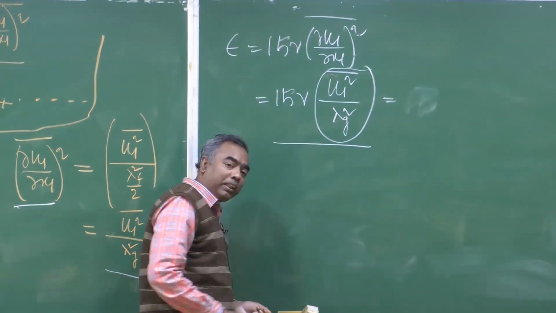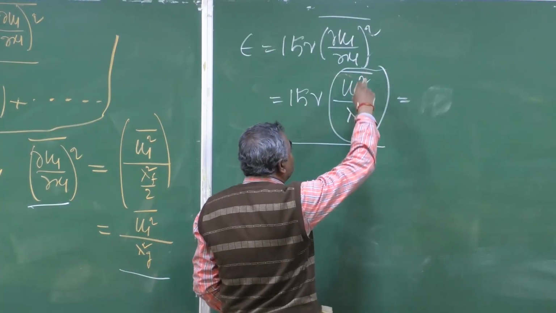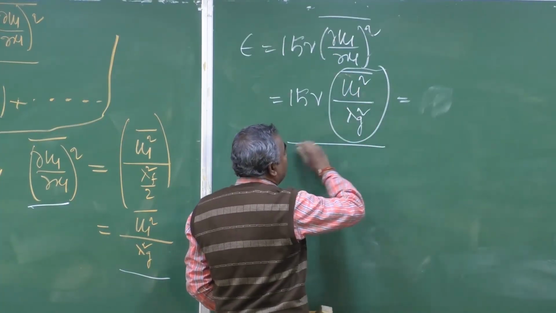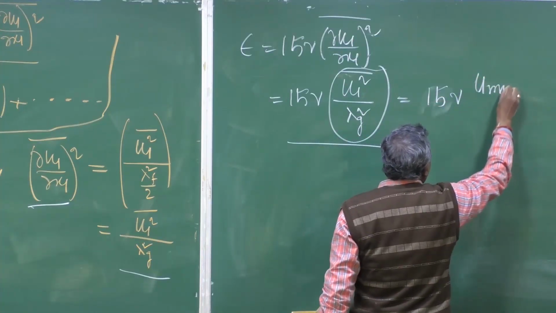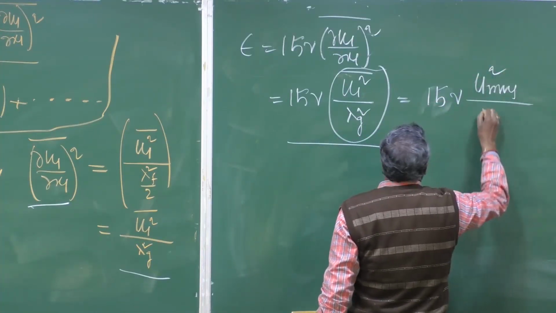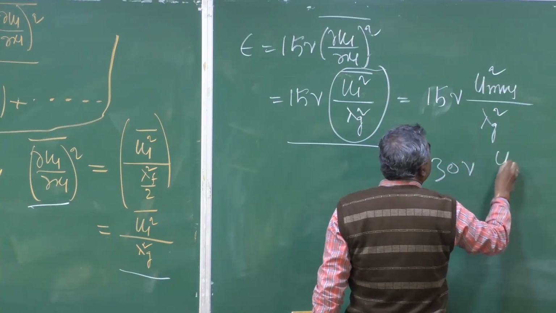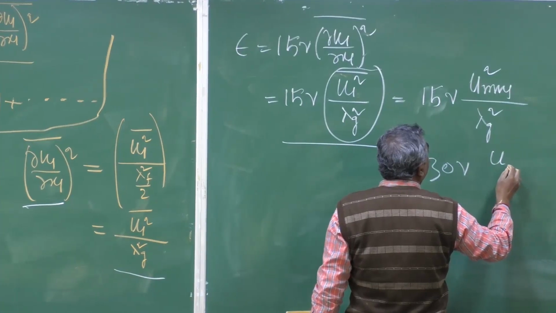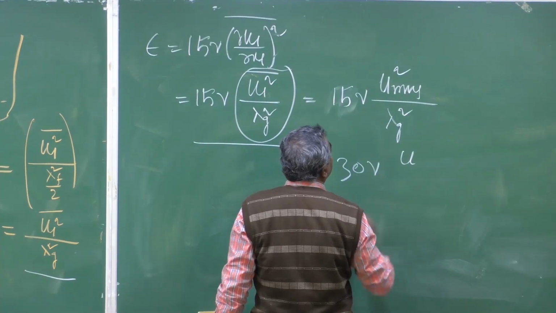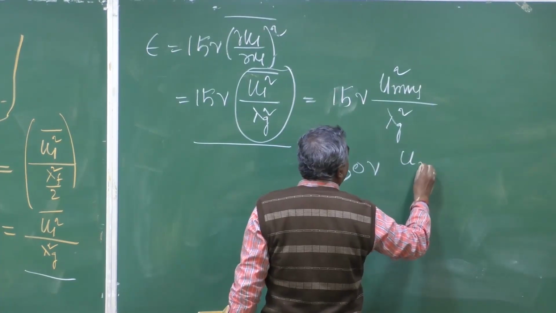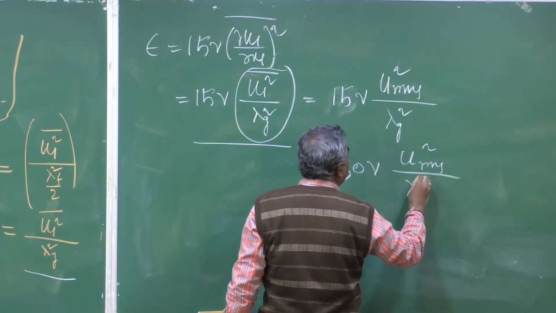Once again I would like to mention that we have considered u1 square by lambda g square, or you can write this as nu u rms square by lambda g square, or this is equal to 30 nu u rms square by lambda f square.